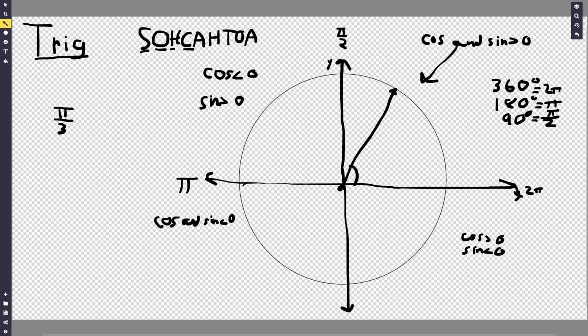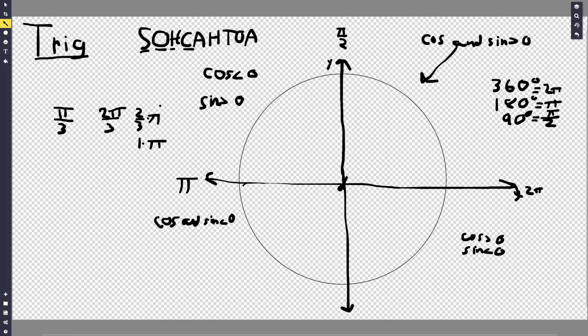Now, let's look at another one. How about we have 2 pi divided by 3? When you start getting fractions with numbers in the numerator and denominator, you can start thinking about it as 2/3 times pi, okay? If pi is 180 degrees, which would be 1 times pi, it is going to be less than 180 degrees.